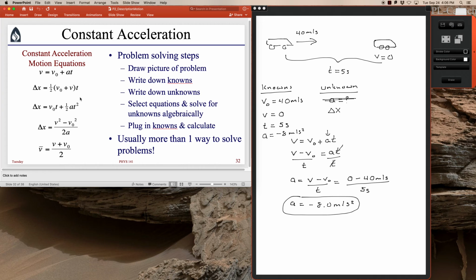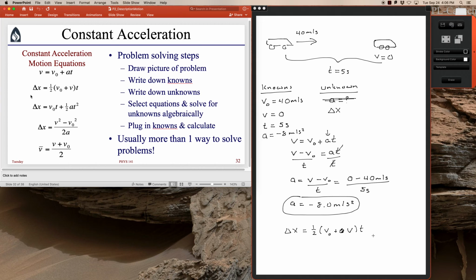So how about we choose this second equation, where delta x is equal to 1/2 the initial velocity plus the final velocity times time.